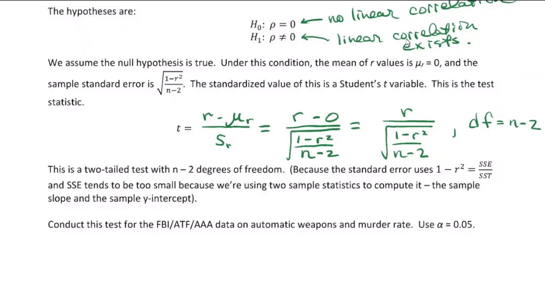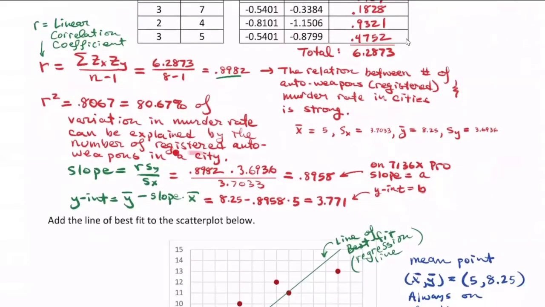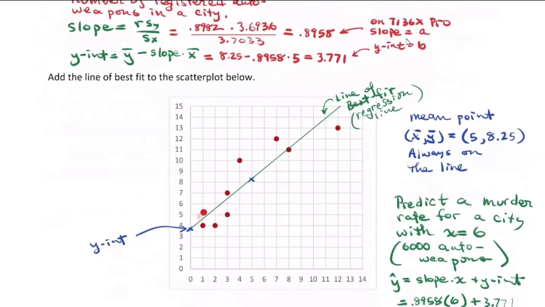Basically, they're saying that R is measuring distances from the line of best fit. And the line of best fit has a sample slope. I'll go back up to the line of best fit in the previous lesson here. So we had computed the slope from the sample for the line of best fit and the y-intercept for the line of best fit. And those are what gave us the line.